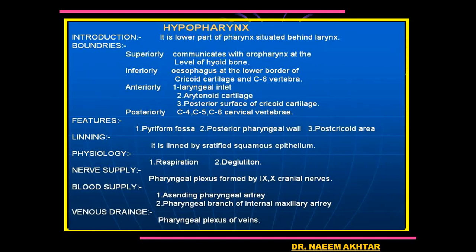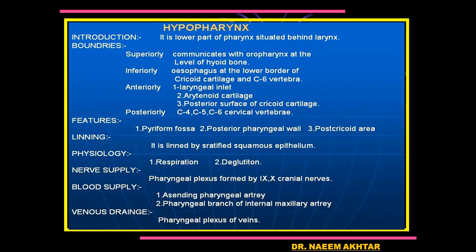Anteriorly, it has laryngeal inlet, arytenoid cartilage, posterior surface of the cricoid cartilage. And posteriorly, the hypopharynx is related to the C4, C5, and C6 cervical vertebrae.